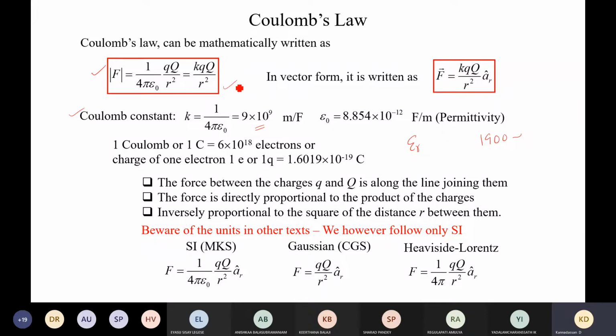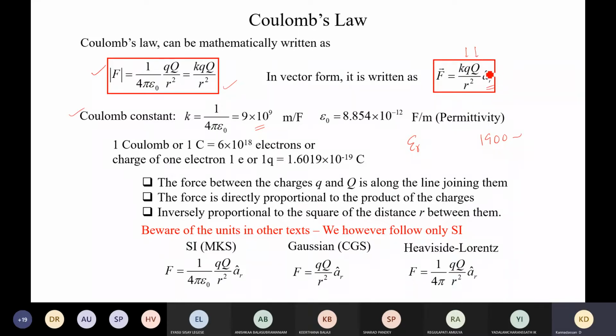So this is the scalar form, where no direction of the force is defined, but we know the force is a direction dependent phenomenon. So we can define it this way: K Q1 Q2 divided by r squared, times the e_r vector, which is the unit vector defined with respect to the line joining the two charges.